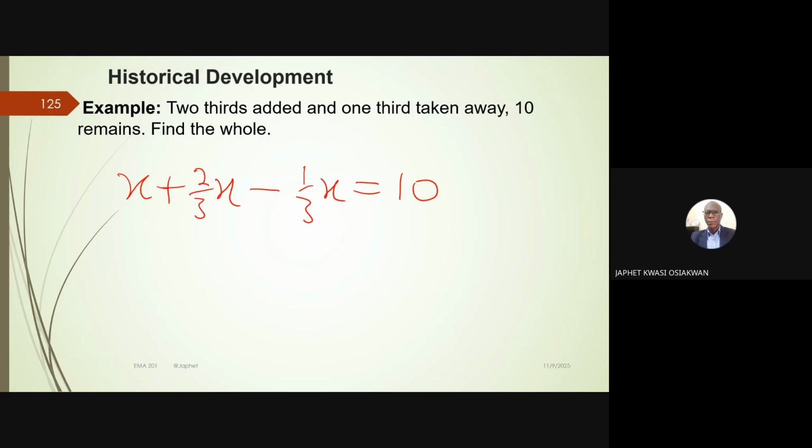Okay, is it correct? Yes, sir. So you say x plus 2/3 of x minus 1/3 of x is equal to 10. Yes. Any other?